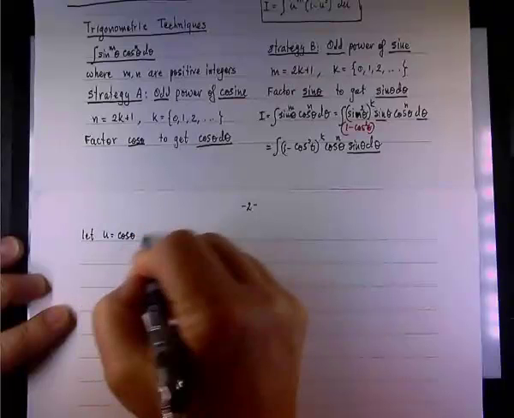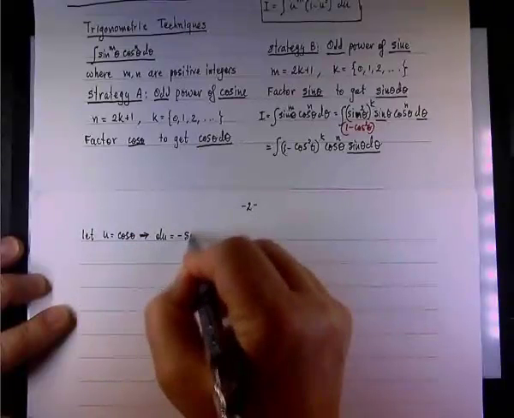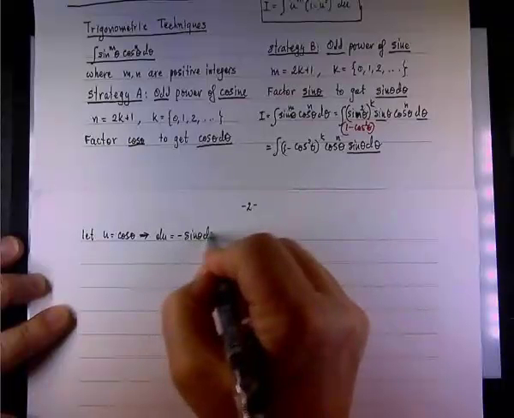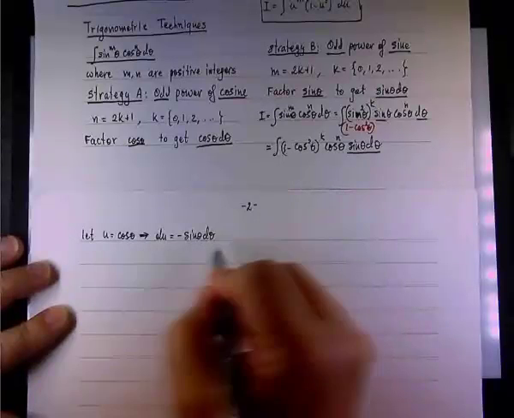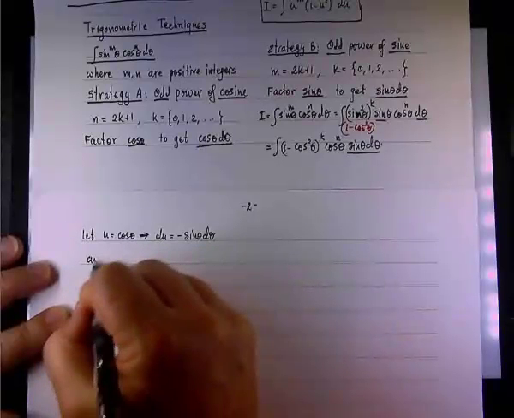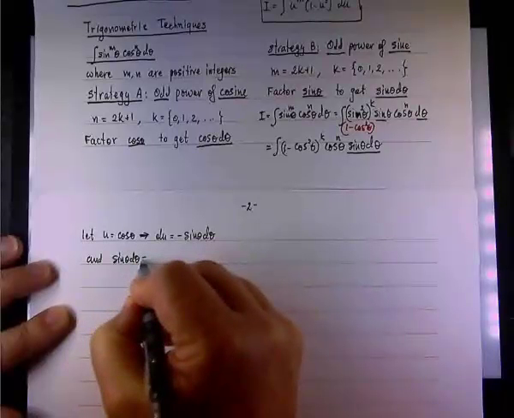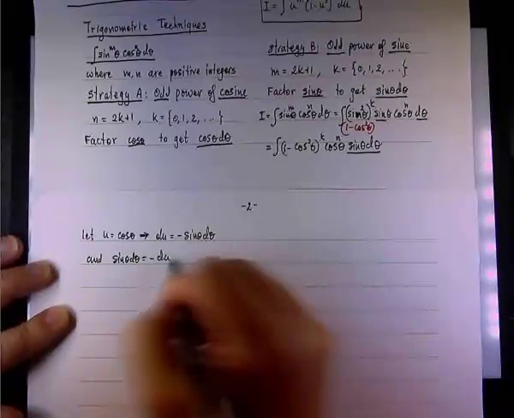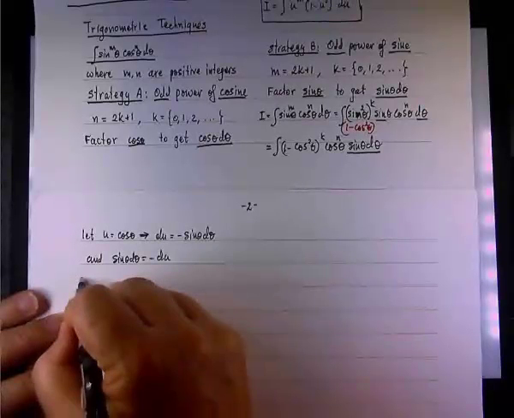So let's now let u equal cosine theta and du equals negative sine theta d theta. Or, of course, sine theta d theta will be replaced by negative du.